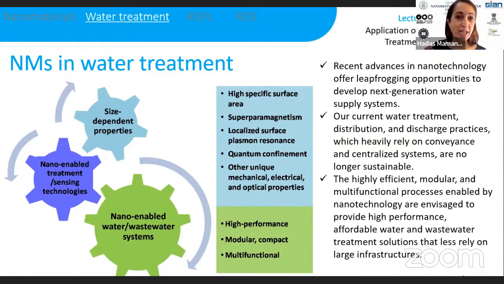So with hydraulic residence time, with raw materials, and of course, it must be on some type of support, and it should be efficient at a very short time. And with normal temperature, pressures, and pH, and also work with natural water.